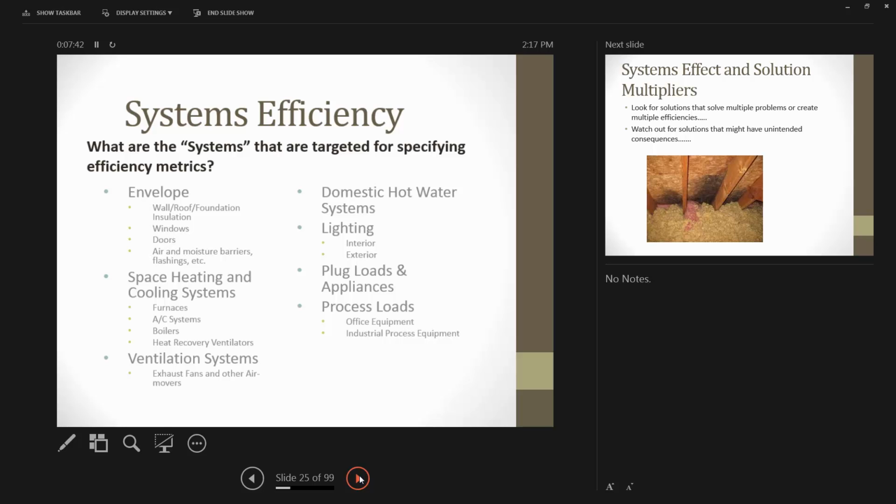The other major system is your heating and your cooling system. This includes all of your furnaces, air conditioners, boilers, any heat capture, heat recovery systems. The next one is your ventilation system, so fresh air in, stale air out, and how that's all distributed throughout the building.